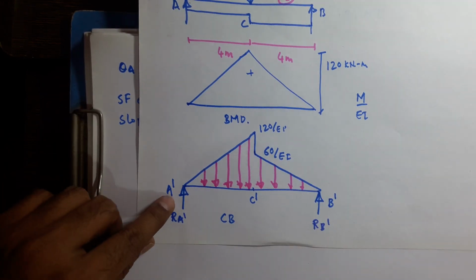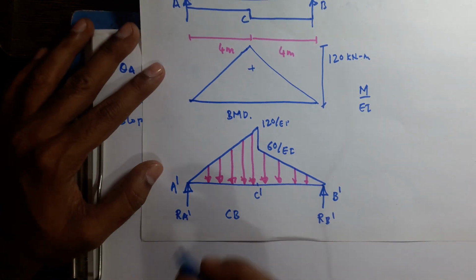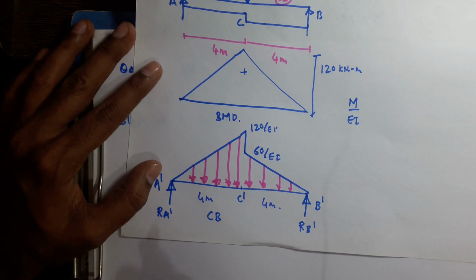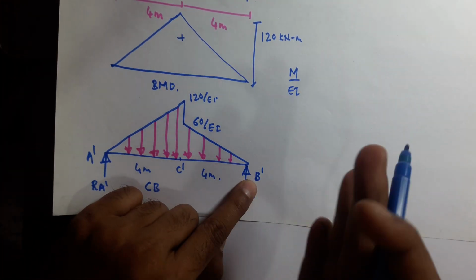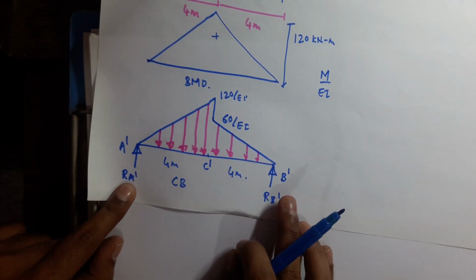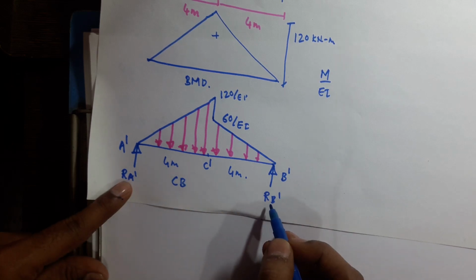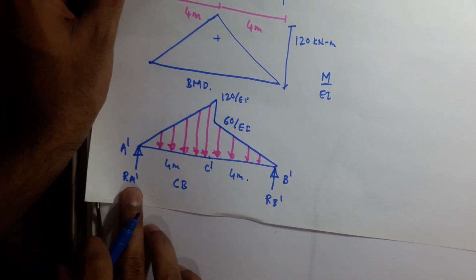Shear at A dash is nothing but RA dash. So how can we find it? This is 4 meter, this is 4 meter. If we take bending moment about B dash and equate it to 0, we can find RA dash, and after getting RA dash we can easily find RB dash by using summation of Fy equal to 0. So first we have to find RA dash.